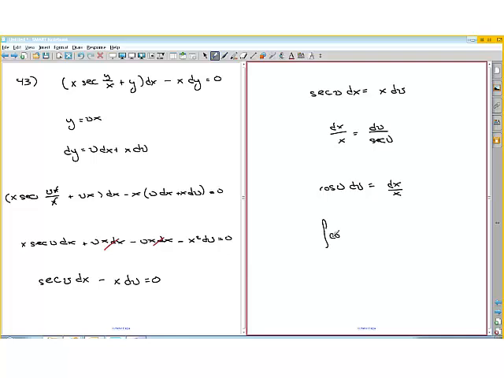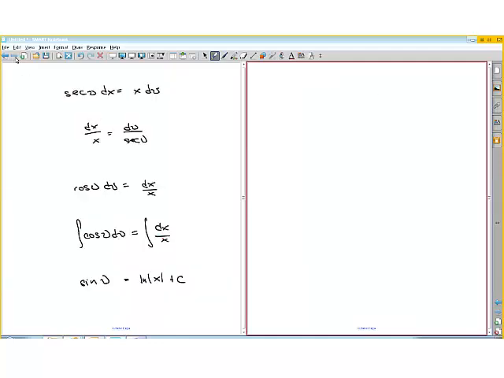Okay, so now we can integrate them, the left-hand side with respect to mu, and the right-hand side with respect to x. And what do we get? Well, the integral of the cosine is the sine, so we get the sine of mu is equal to the natural log of the absolute value of x plus our arbitrary constant c.